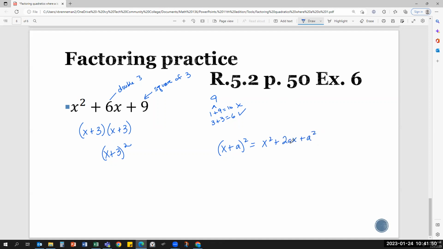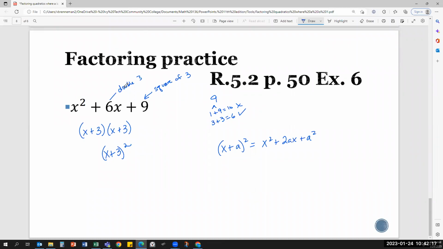So if you see B and C having that pattern of B is 2 times something that C is the square of, then it's just going to be x plus that thing squared. You don't have to use that shortcut, though. You can just use regular factoring if you don't recognize those perfect squares. It can just save you a little bit of time if you can spot those.